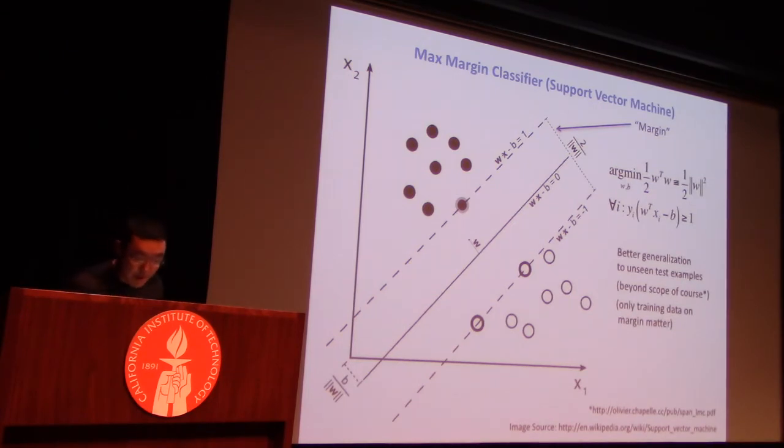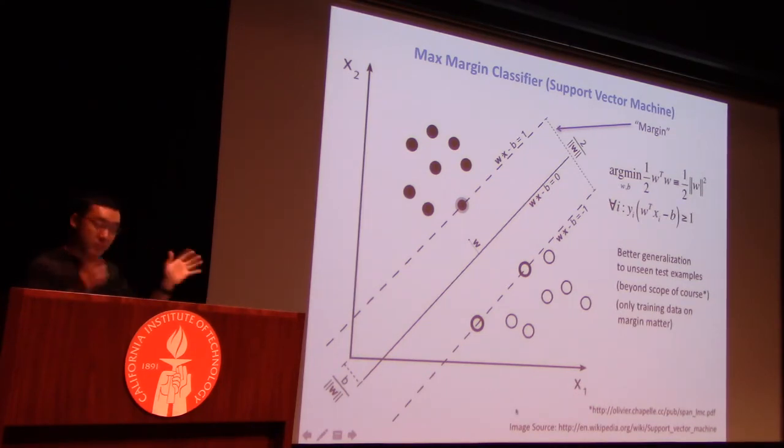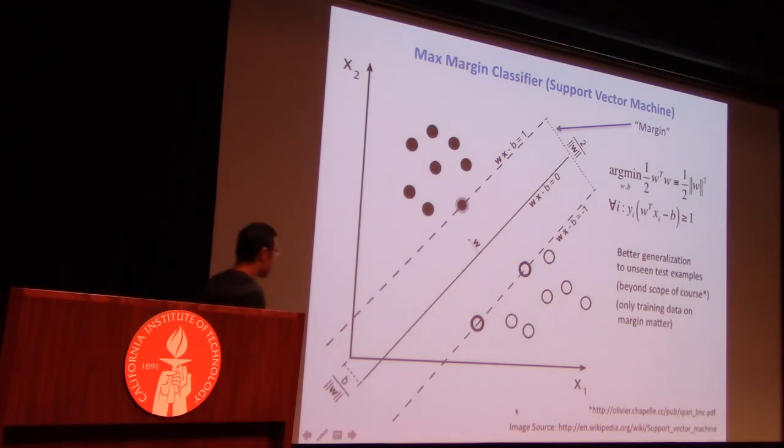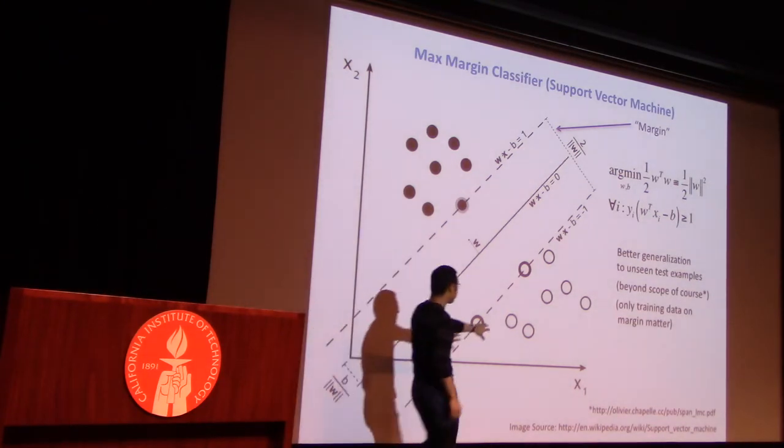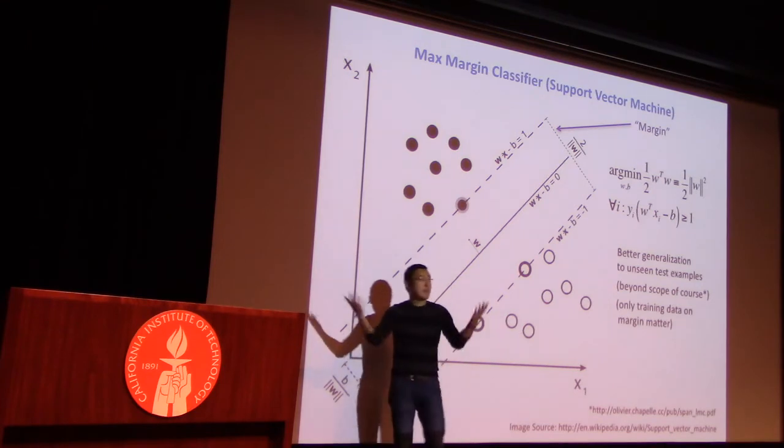Okay, so now we're going to do a quick mental exercise about stability. I won't go into the formality of it, but if you're interested in the details, they're available on this link right here. So, what would happen if I got rid of this training example? Any guesses?